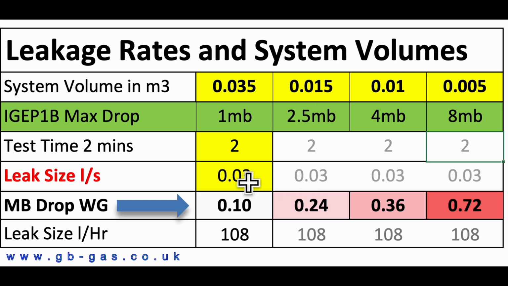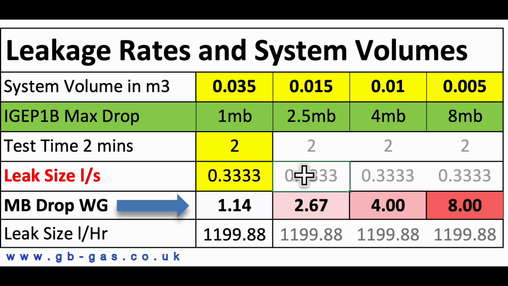If I recalculate this to the maximum leakage size that we could possibly have, so 0.3333 is roundabout the maximum leakage size that I could have. So you can see that that ties in. For the small system, we would have an 8 millibar drop. For the next system up, the volume was 0.01, we would have a 4 millibar drop. This one's slightly out.